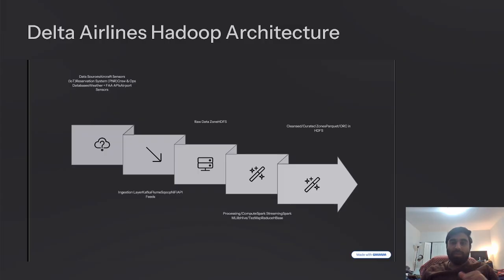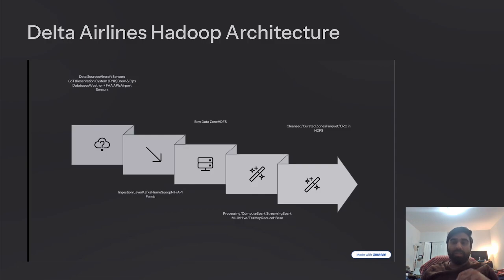Sqoop then comes into play, which is used for bulk ingestion from structured operational databases, for example, reservation systems, crew assignment tables, and flight schedules. Since airlines still rely heavily on relational systems, Sqoop is essential for synchronizing these operational datasets into Hadoop.